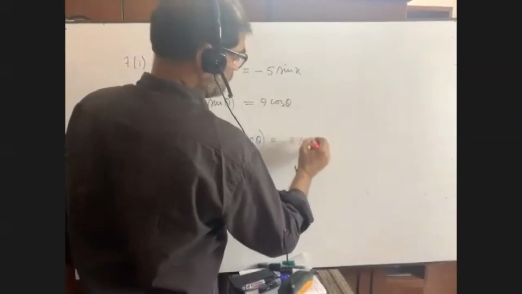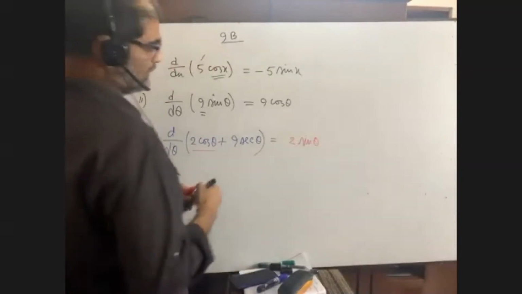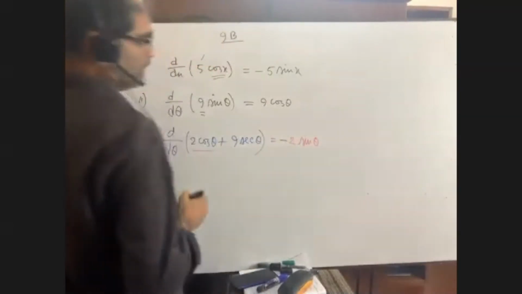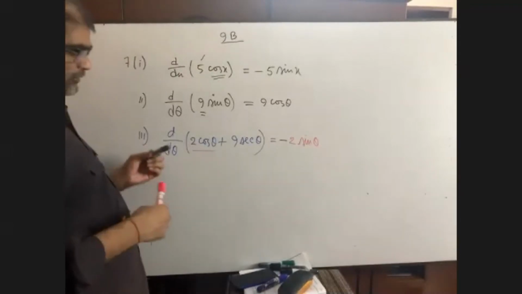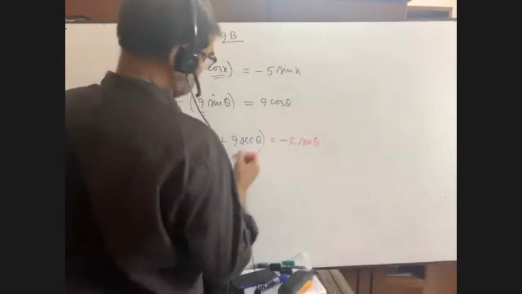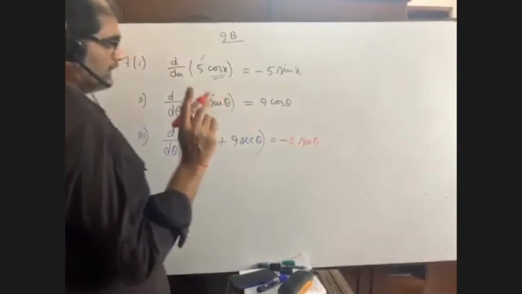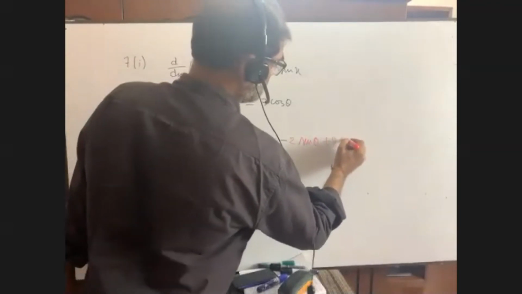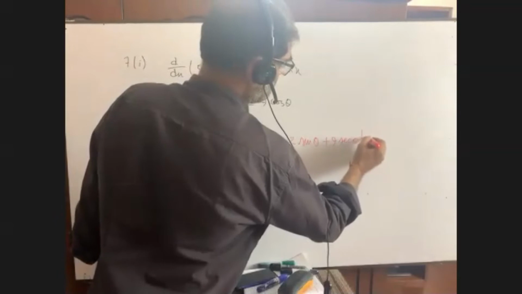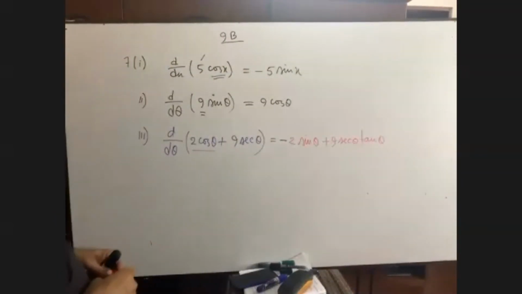So I have to give here minus 2 sin theta, right? Now, can you please let me know what is sec theta? As there is no co, it will be positive: sec theta tan theta. Yes, so we will have 9 sec theta tan theta. So you have got the answer, right?